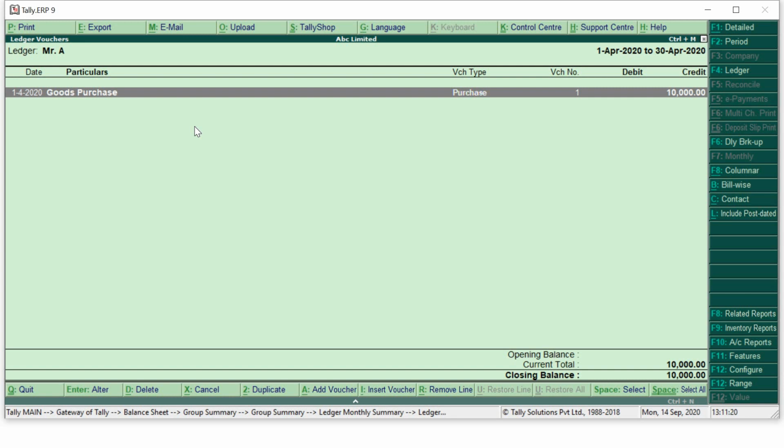One, I went to profit and loss account to check my goods purchase, which I debited. And secondly, I came to balance sheet to check my sundry creditors of Mr. A, which was to credit side. Okay, so in this way, you would be able to make your purchase entry. But remember, this is the voucher method. In my coming video, I will be explaining you about my invoice method for making my purchase transaction.